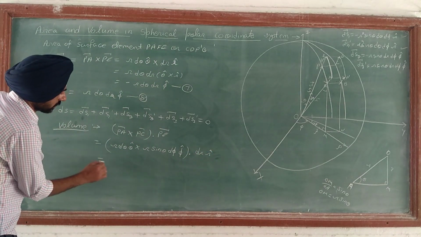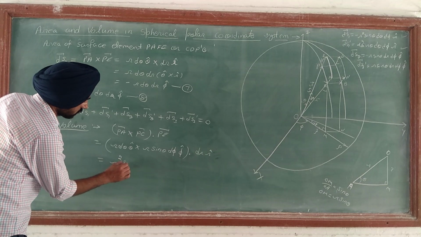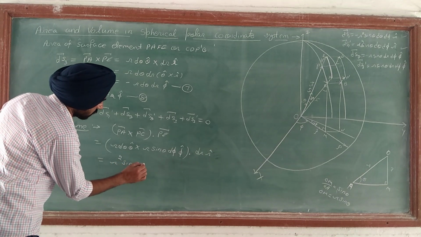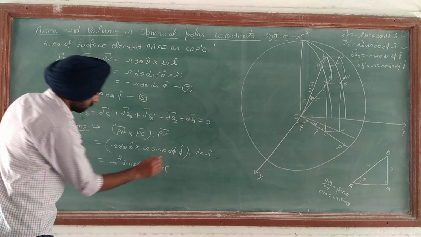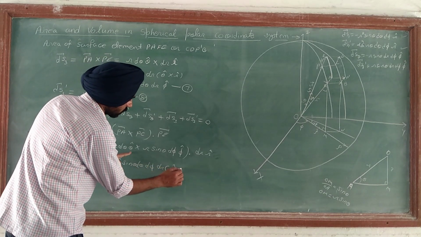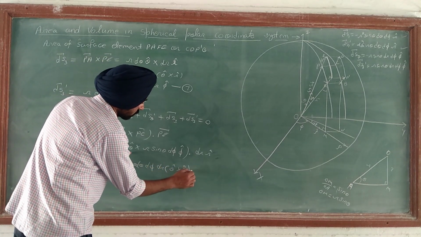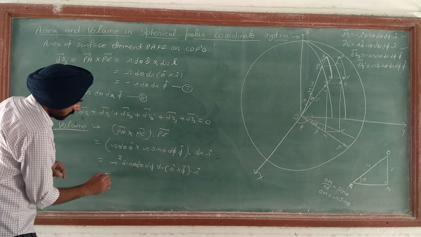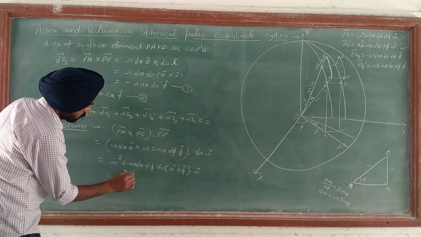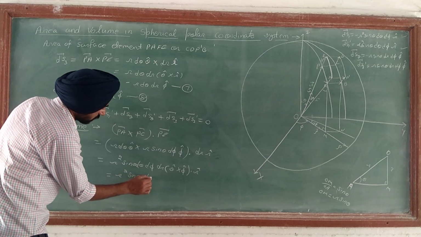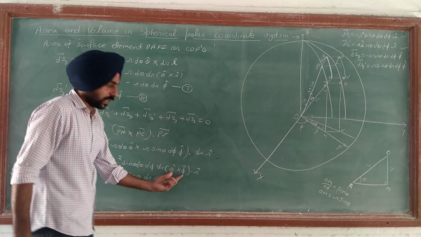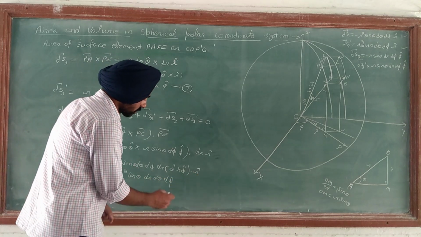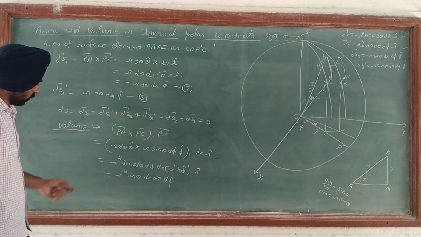So we can write it as r square sin theta d theta d phi dr, times theta cap cross phi cap dot r cap. So this is r square sin theta dr d theta d phi. Theta cap cross phi cap is r cap, and r cap dot r cap is 1. So this is the volume.